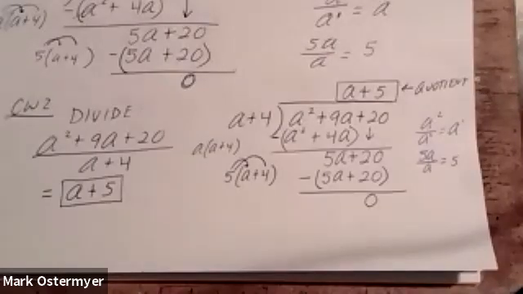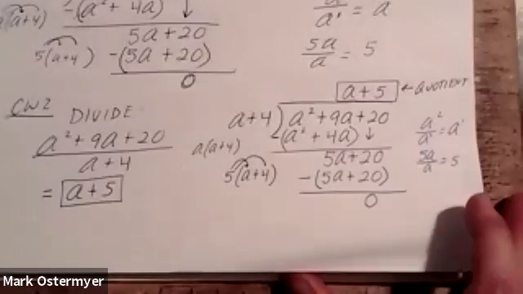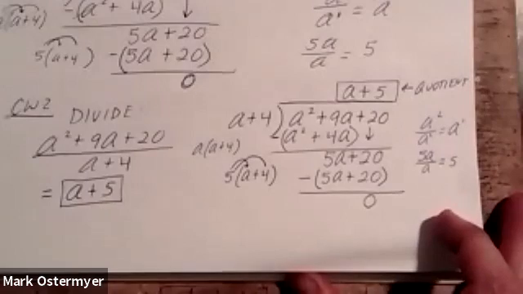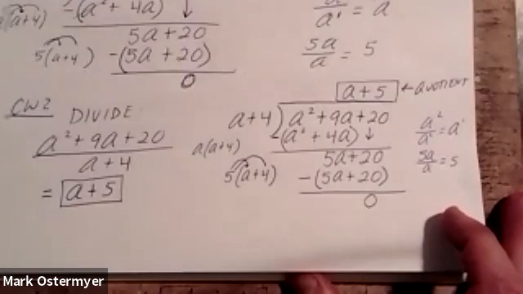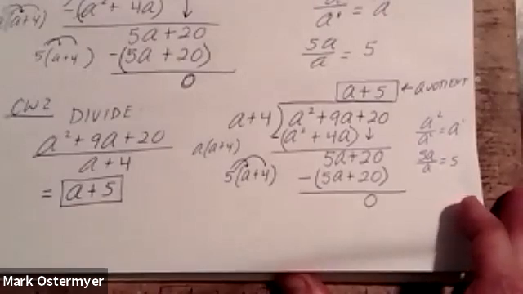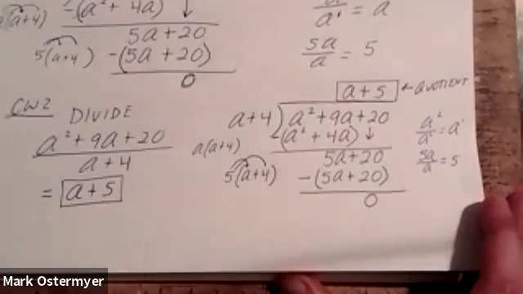Mr. O, you did that with us right before you gave it to us for classwork. Well, wait a minute. This one had a plus 4 as the divisor. You know what? I think I did do that, okay? I apologize. I owe you guys another one, don't I?